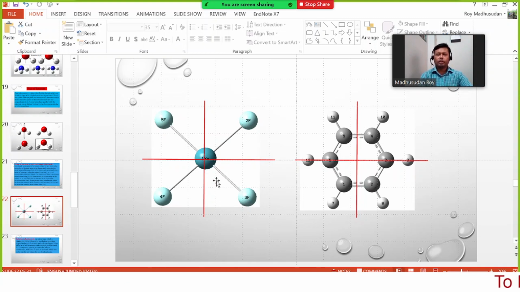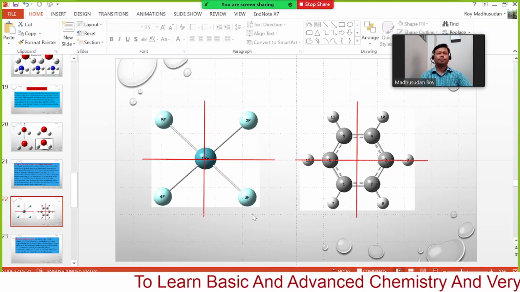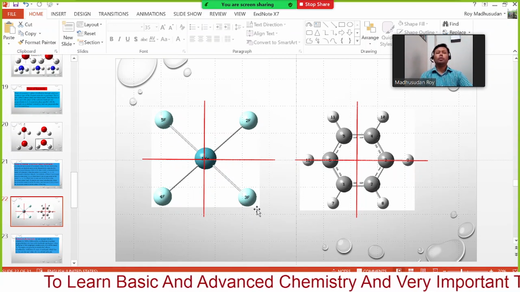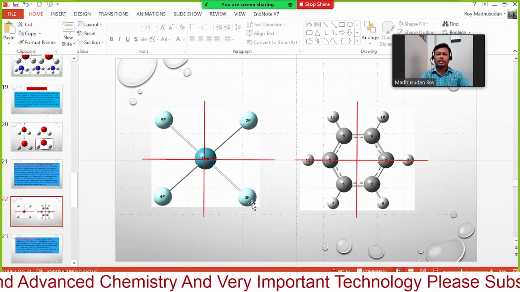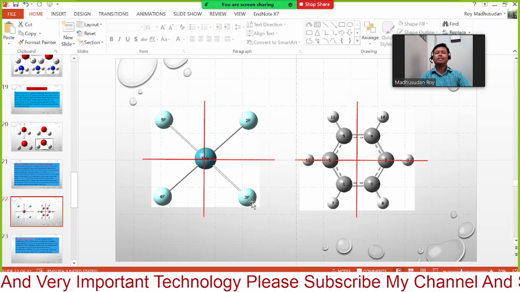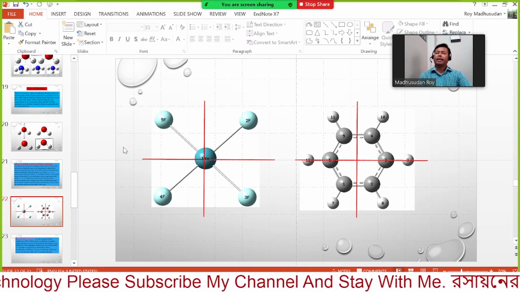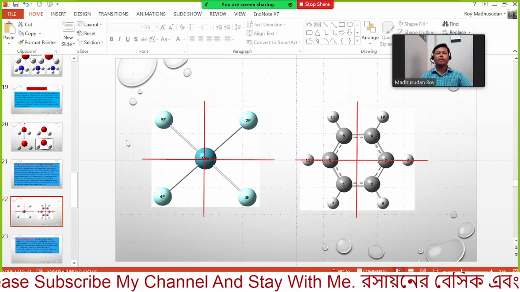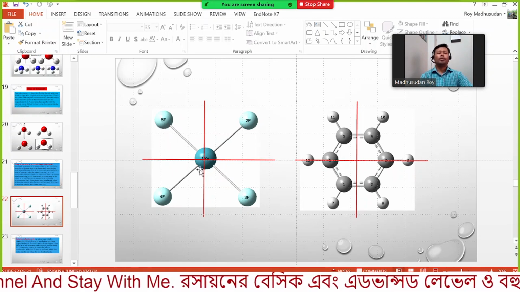This fluorine and this fluorine will interchange their position, and the rest will stay the same. That will give you the exact identical structure as the previous one. Therefore these types of molecule can have a center of inversion.